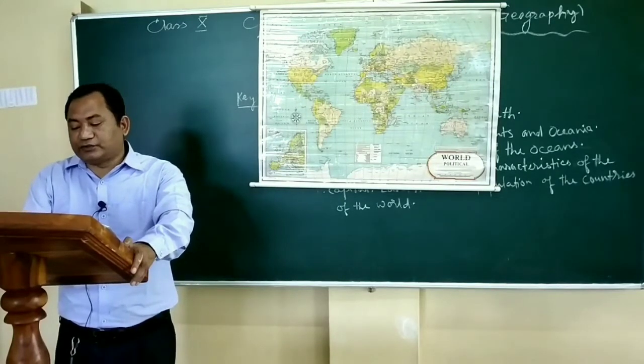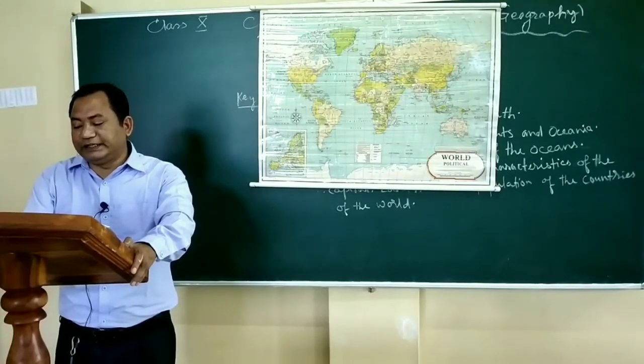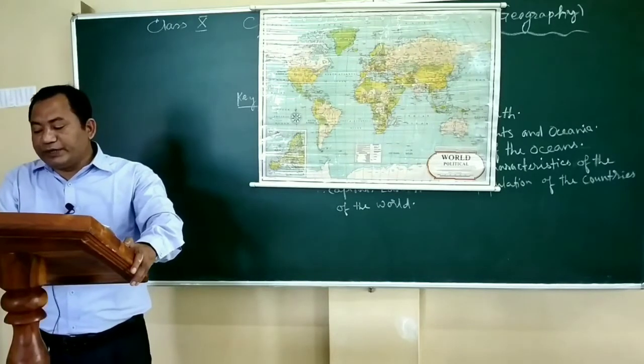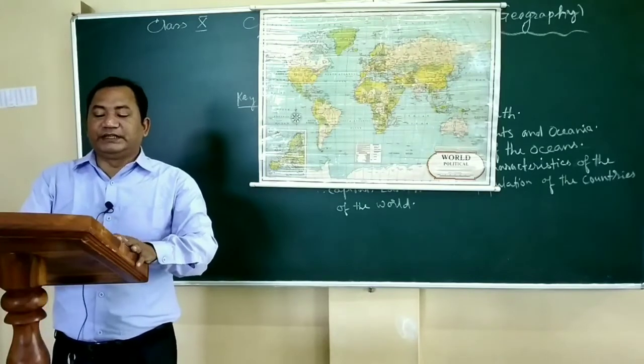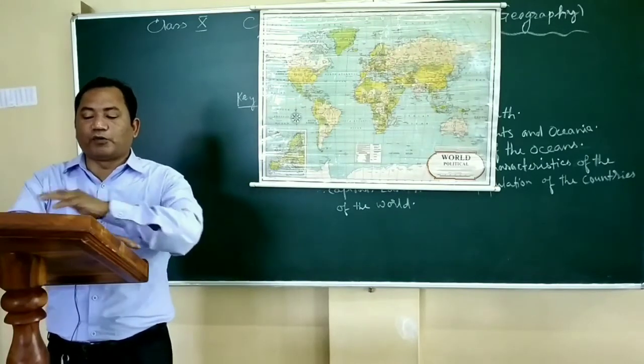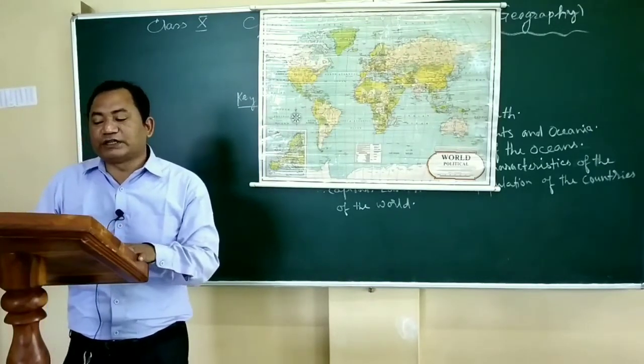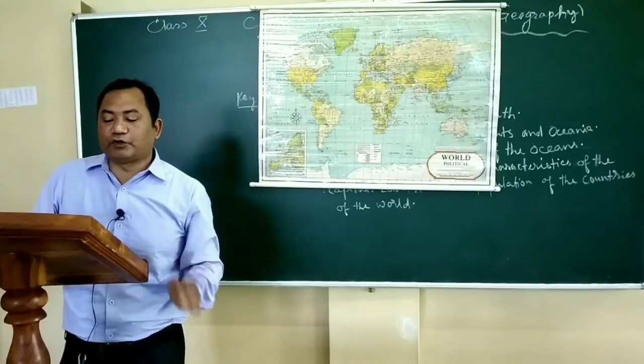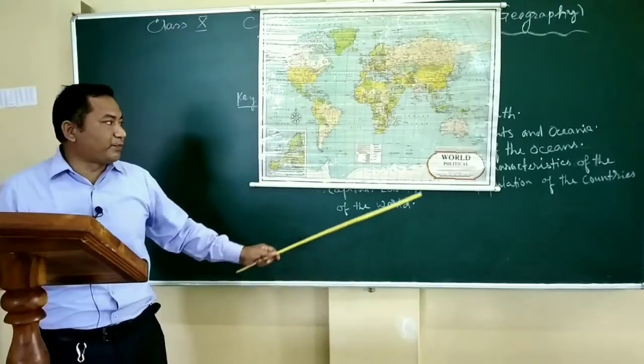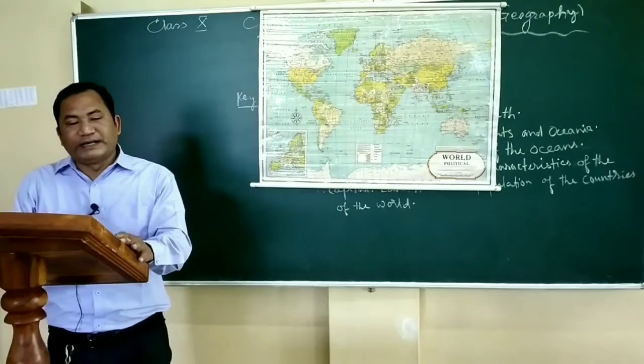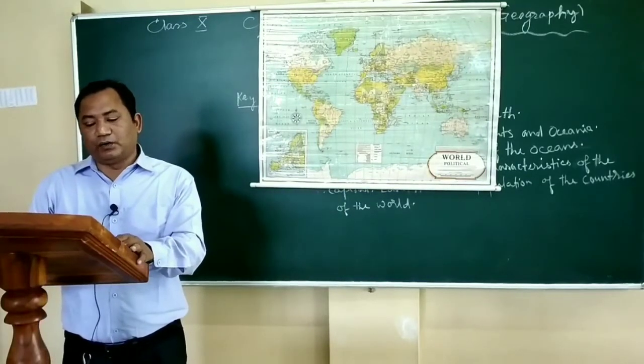Roughly, it lies to the south of 40° south latitude. Due to its location in the south polar region, the Southern Ocean remains covered with ice in most part of the year.